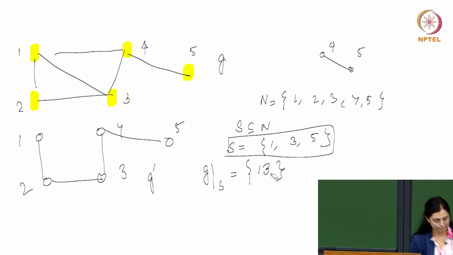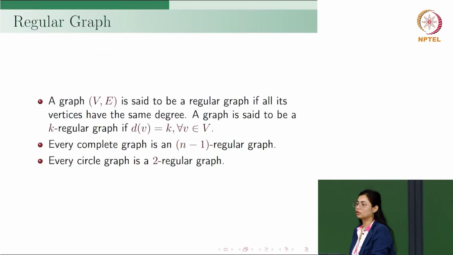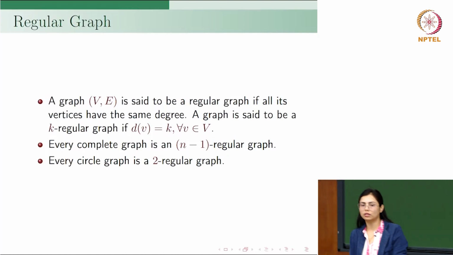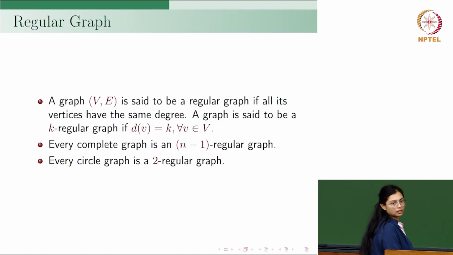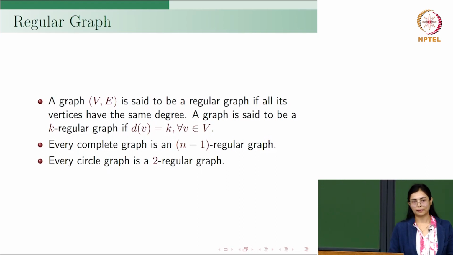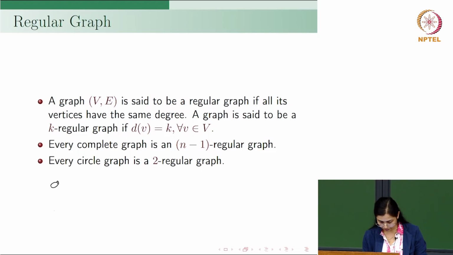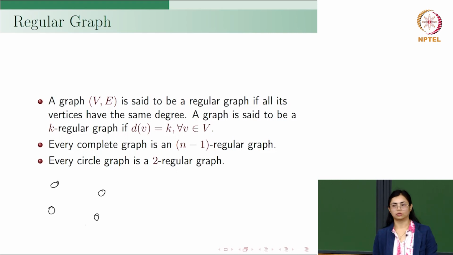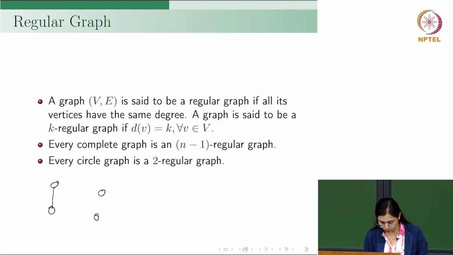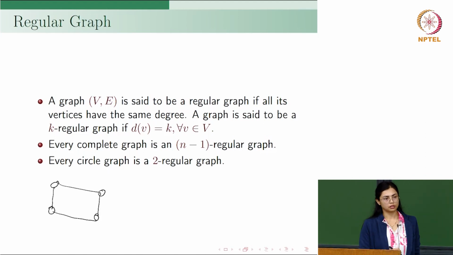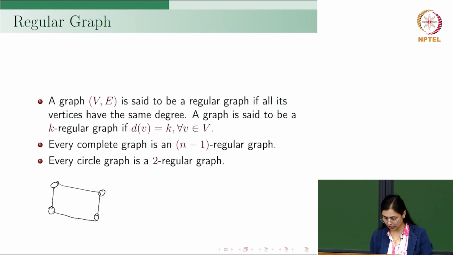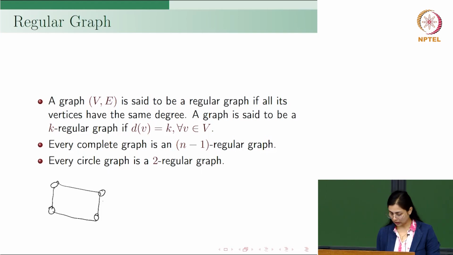Okay? Regular graph means the nodes have an equal number of edges. Say there are 4 nodes and each node has an equal number of edges. We call it k-regular if each node has k links.